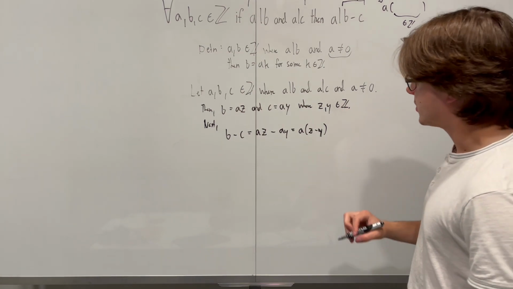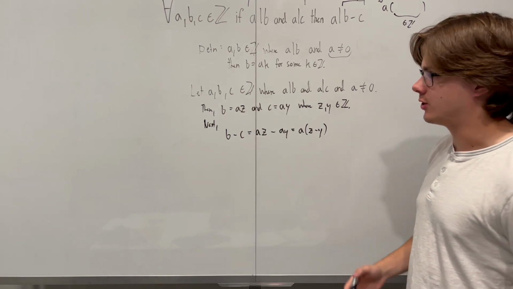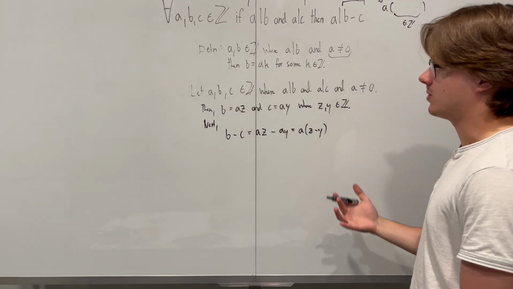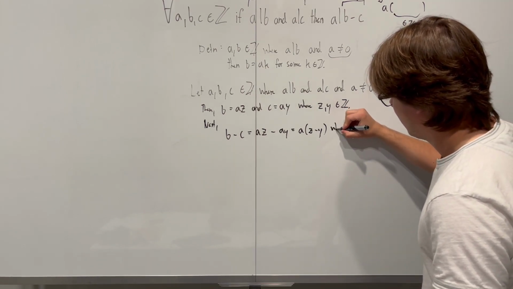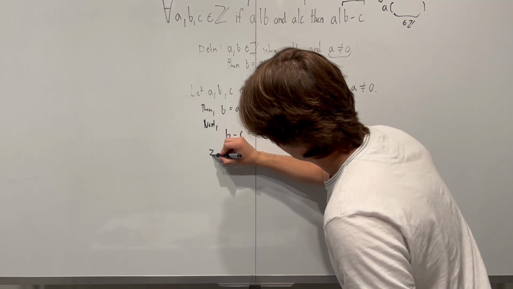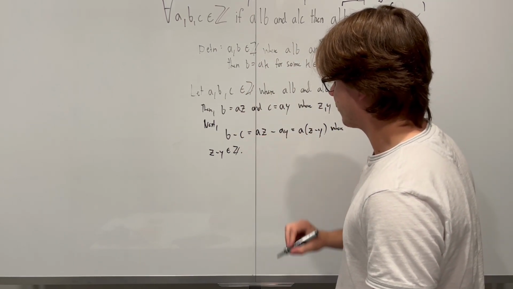So we just have to explicitly tell the reader that z minus y is an integer, and this should be pretty obvious because an integer subtracted from another integer is still going to give you an integer. So we say where z minus y is an integer.